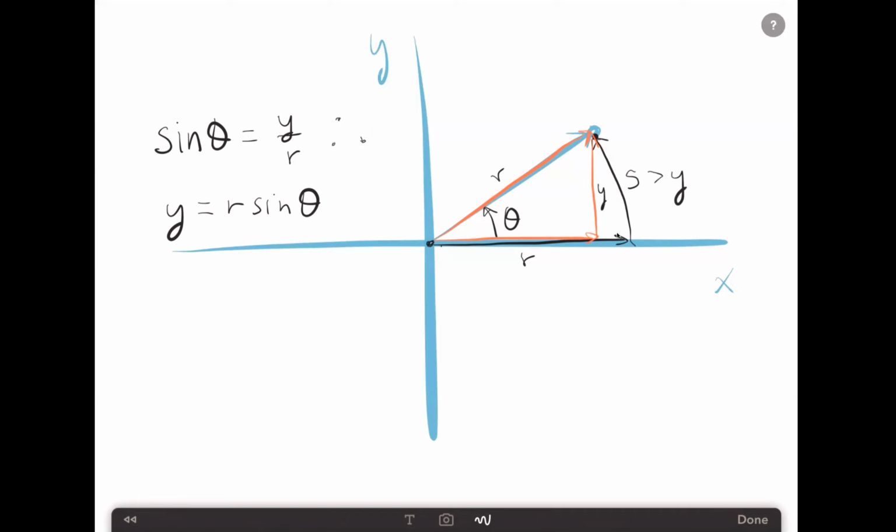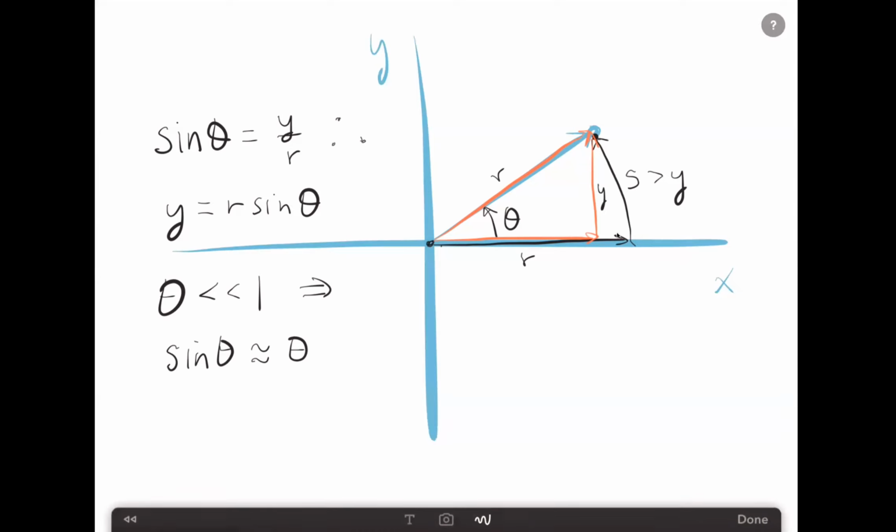But as the angle becomes much smaller than 1, this implies that sine of theta will be approximately the size of theta, okay? So what am I saying here?